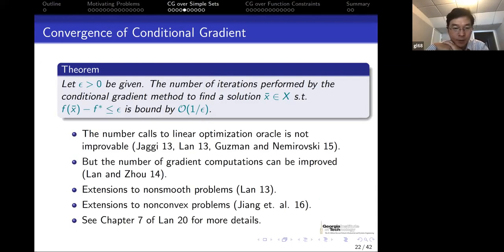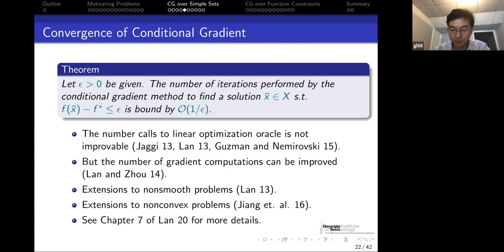So the number of calls to the linear optimization oracle is not improved. Basically, this 1 over epsilon is not improvable, but the number of gradient computations can be improved. And there is also other work extending this algorithm for solving non-smooth problems or non-convex problems.